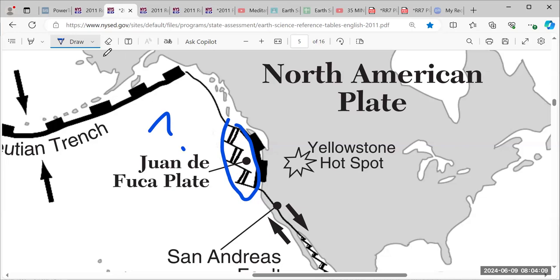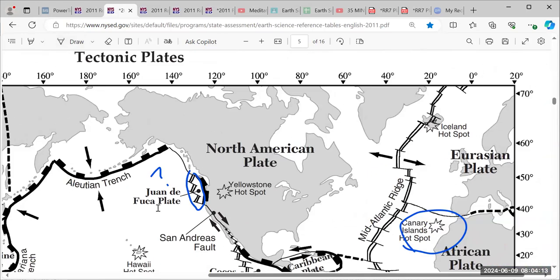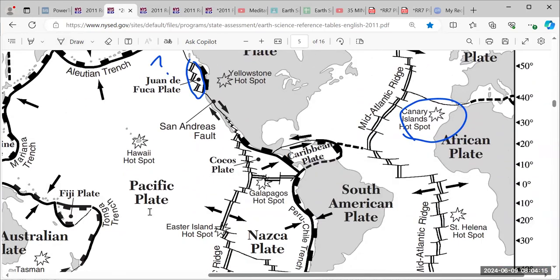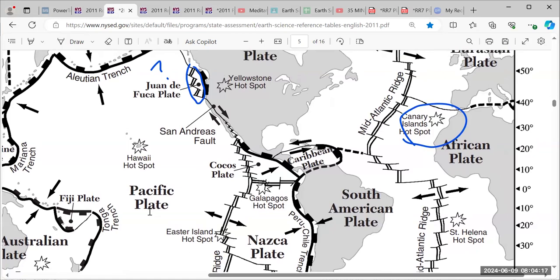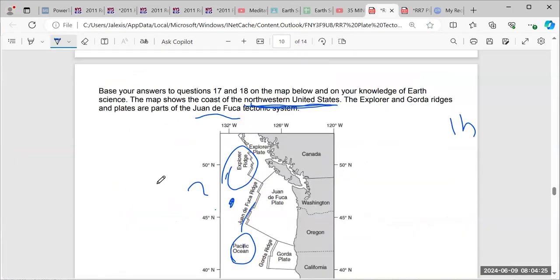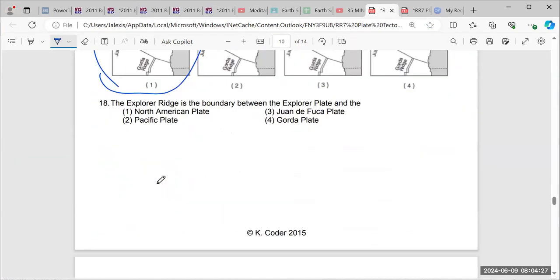When we zoom out to find this white part of the plate, what does it represent? And look, that whole area right here is all part of the Pacific plate. That's why the correct answer is choice 2.